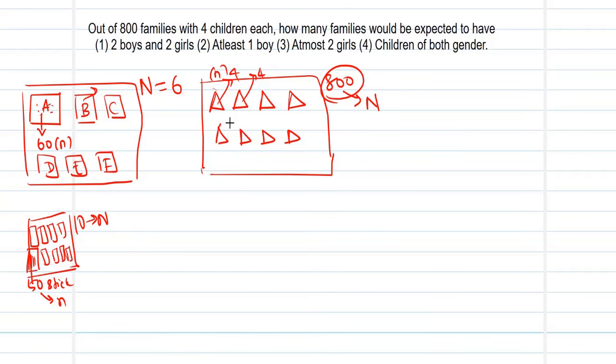Now the problem as such doesn't have any keyword like use binomial or use Poisson to determine these probabilities. So how can we identify which distribution to apply? We have been given 800, which is our capital N, and each house has 4 children, so our small n is equal to 4.